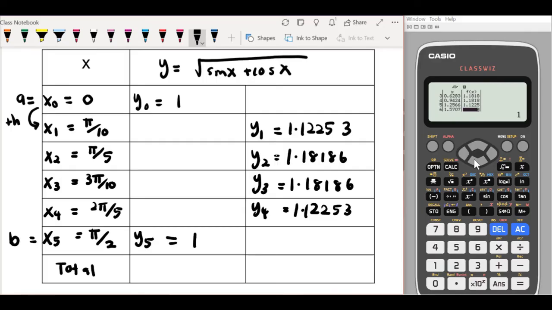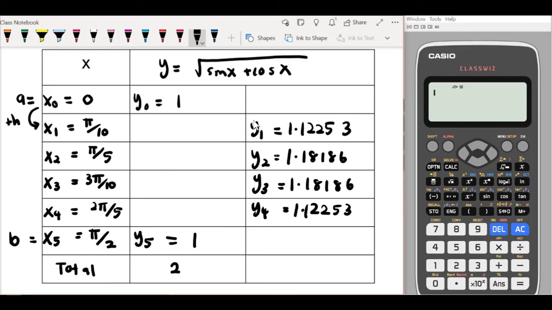So for the values of y, the first value and the last value, we will write in the second column, and the remaining values of y, we will write on the third column. After that, you just have to sum it up. Okay, finally total every column. So for the second column, the first and the last value of y, we will get 2.